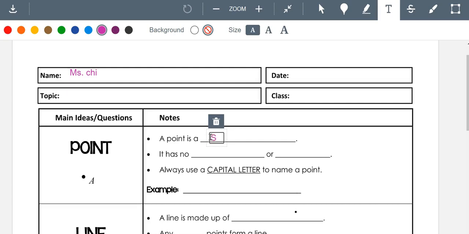So we had specific location, has no shape or size. No dimension.